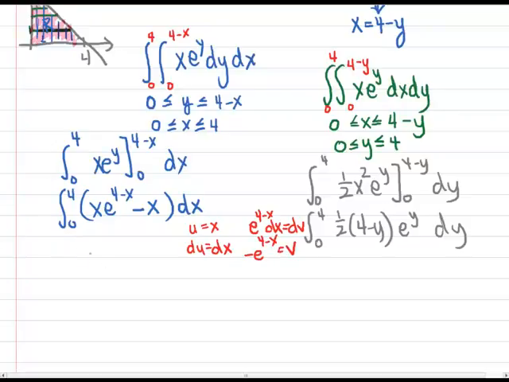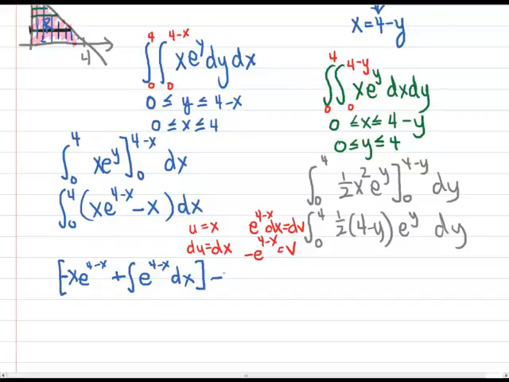So plugging everything in, we're going to have uv, so x times negative e to the 4 minus x minus v du. So there's already a negative, so this is now going to become a positive, e to the 4 minus x dx.